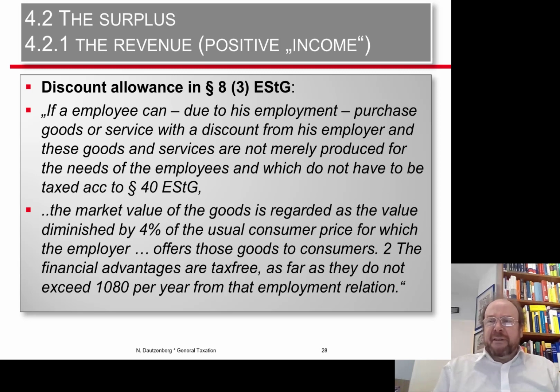And now imagine what that means. You can buy a car with a value of 20 or 30,000 euro with a discount of 20 or 30%. So that's an amount of between 4,000 and 9,000 euro, which you can save every 2 years. So that's an additional enormous amount of money.